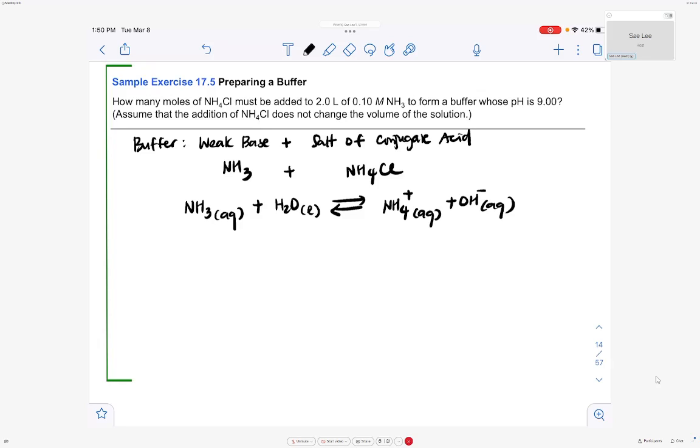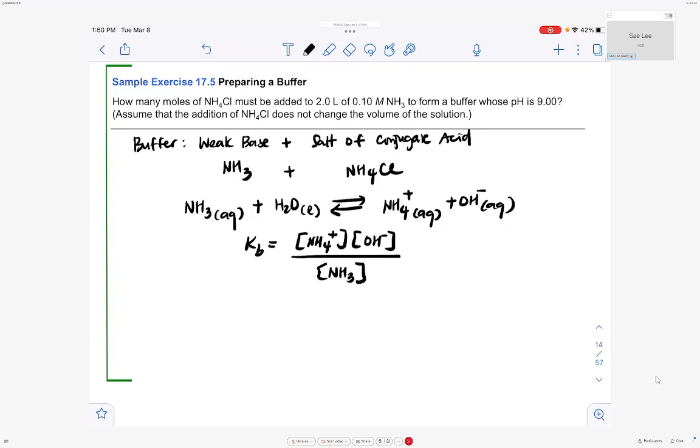So the base dissociation constant Kb is going to be ammonium times hydroxide concentration divided by ammonia concentration. Okay, water is not going to be included because it's a pure liquid.